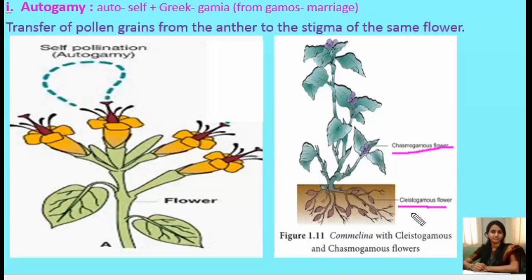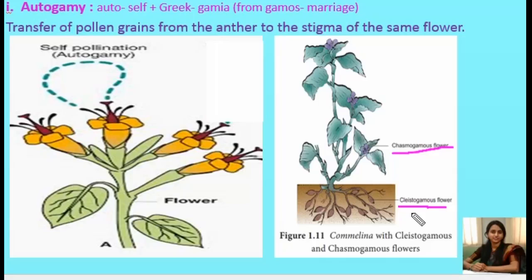What are these cleistogamous flowers? Cleisto means closed, gamos means marriage. Here the flowers do not open at all. Always they remain closed. In such flowers, the anther and stigma lie very close to each other.